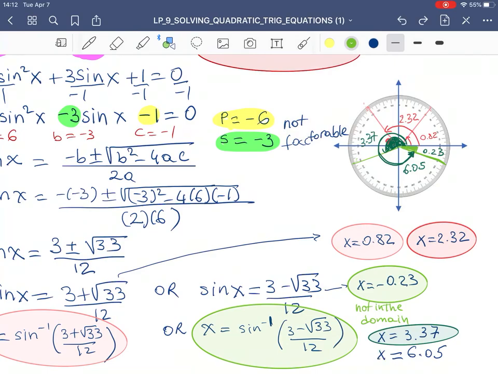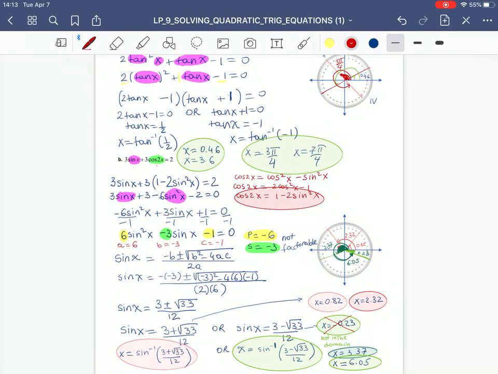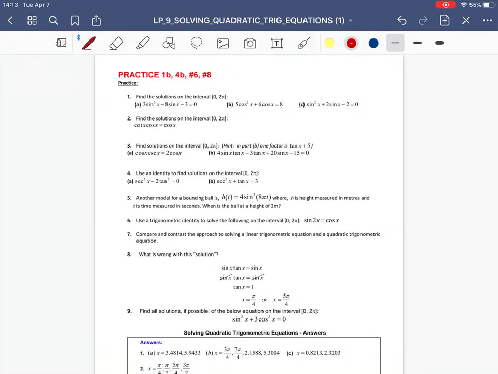I want to use a different color, but that doesn't really matter now, I guess. All right, so these two are the solutions. And what we're going to do is make one final statement saying that, okay, this is not a solution. But it was a great help because this angle helped us find the correct solutions in the domain given.